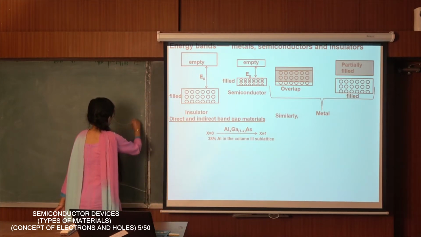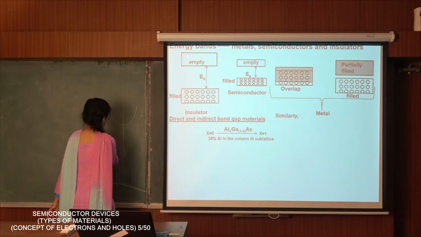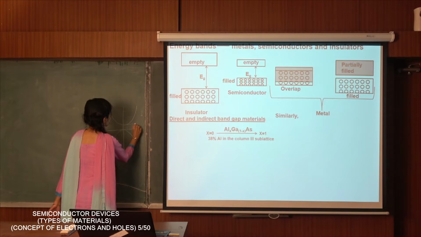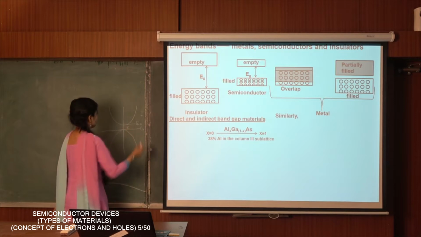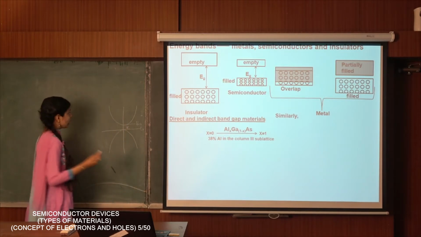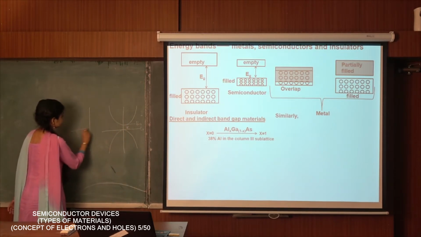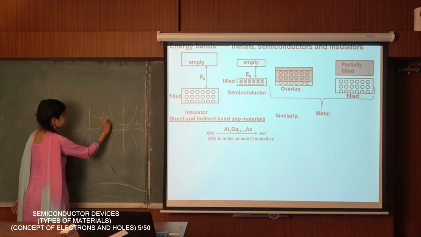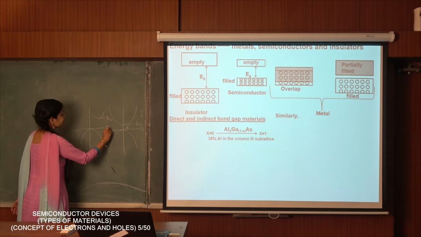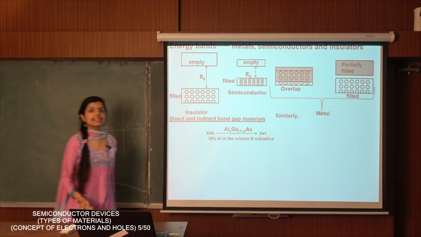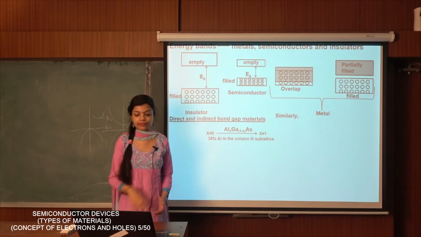Like this, this is EC and this is EV. They are occurring for the same value of K. If it is otherwise, like this, where this is EC and this is EV, then it is an indirect band gap semiconductor.